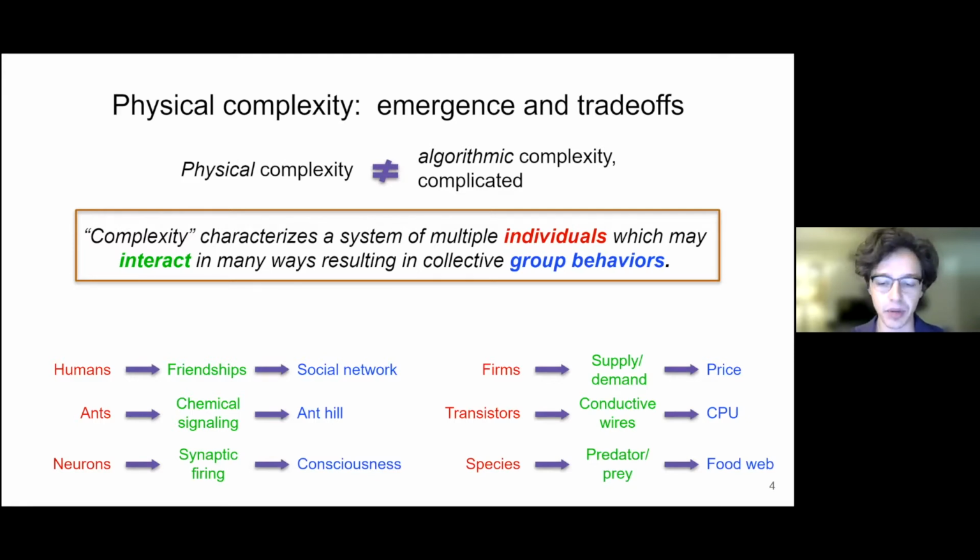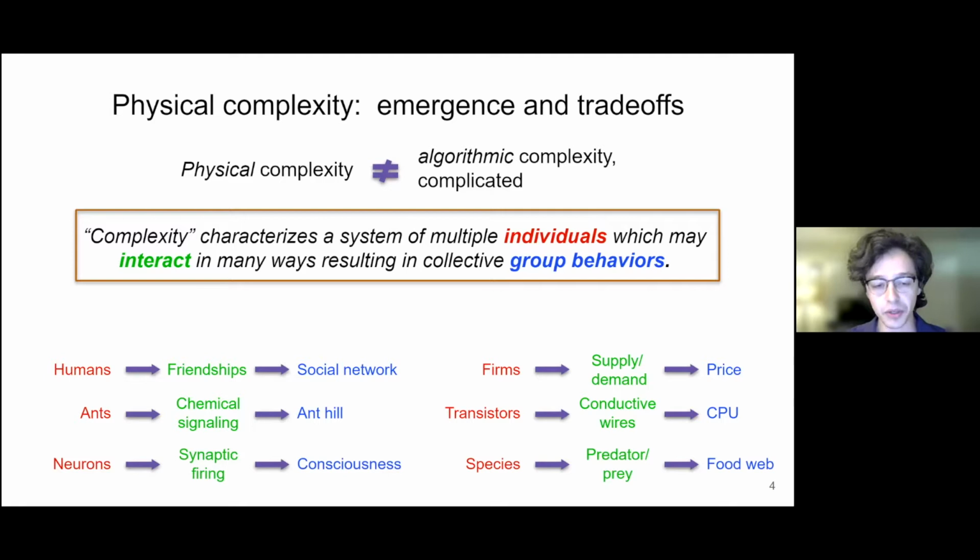Another example, perhaps from engineering, is transistors making up the individuals, with the conductive wires interconnecting them making up their interactions. If you pile up enough of these transistors, a collective group behavior that's pretty interesting is the central processing unit. That's the thing that's letting me talk to you all today and present this talk, and even perform these quantum simulations.